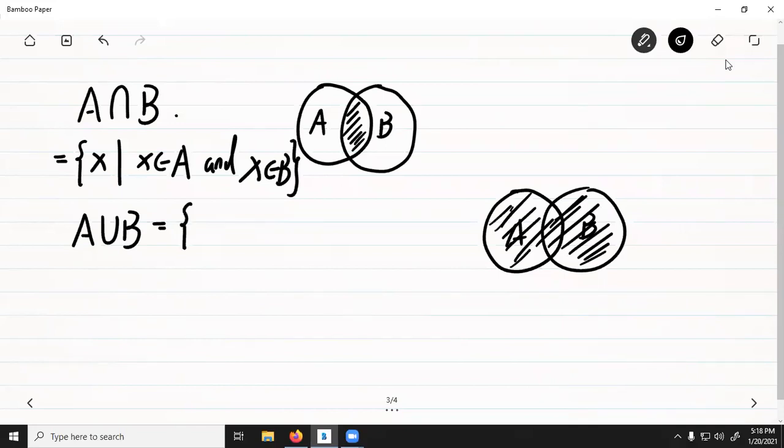If we use this notation, x is an element such that x is in A or x is in B.